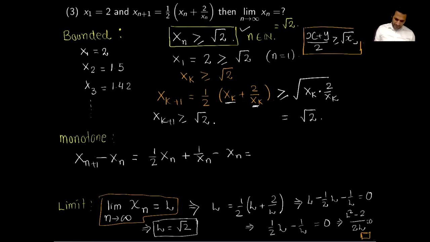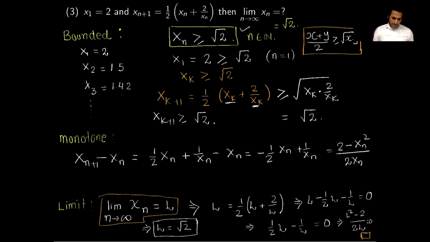If I simplify this, it's going to be 1 half times 2 over xn minus xn. And again, if I make the same denominator, this is going to be 2xn in the denominator, and the numerator is going to be 2 minus xn squared.